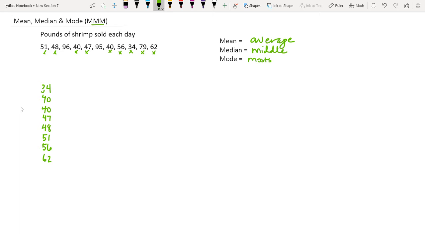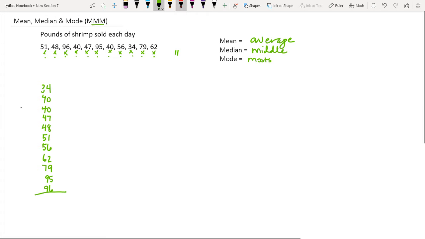And then a 79, 95, and finally 96. All right, so I've got it in my numerical order. The numbers, I have 1, 2, 3, 4, 5, 6, 7, 8, 9, 10, 11 numbers to work with.